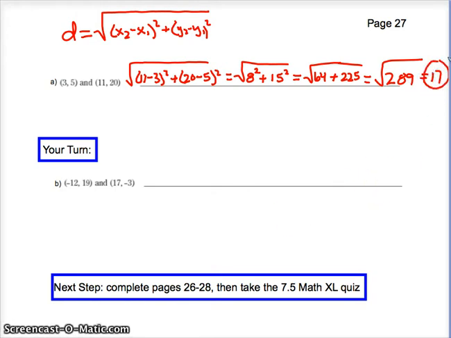Now it's your turn. Find the distance between the points negative 12, 19 and 17, negative 3. Time to check your answer.